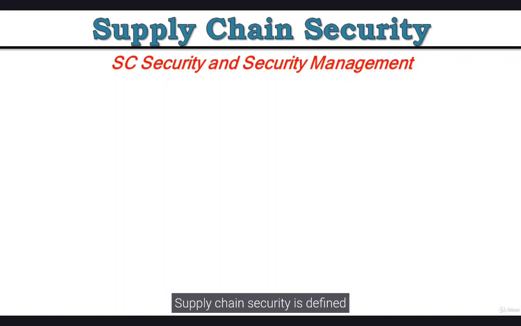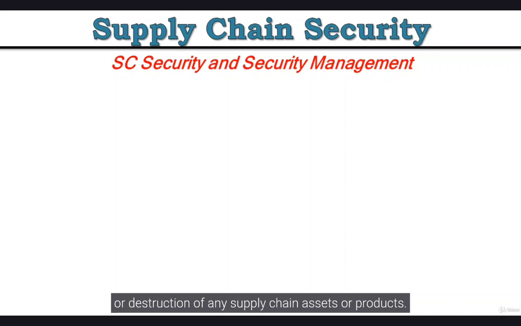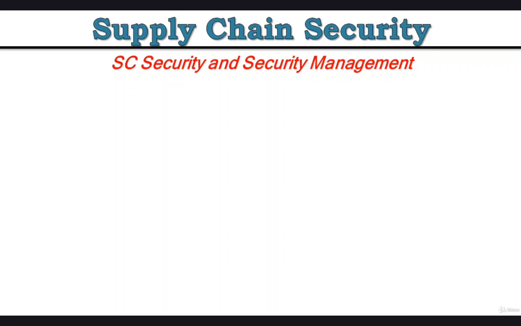Supply chain security is defined as the prevention of contamination, damage, or destruction of any supply chain assets or products. By contrast, supply chain risk is defined as the likelihood or chance of supply chain outcomes being susceptible to disruption which would have detrimental effects on the firm.